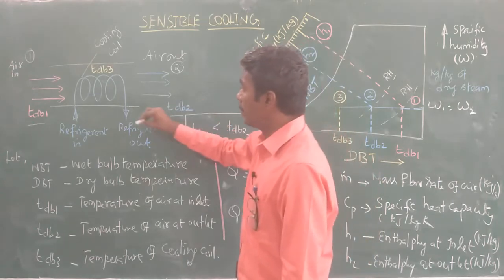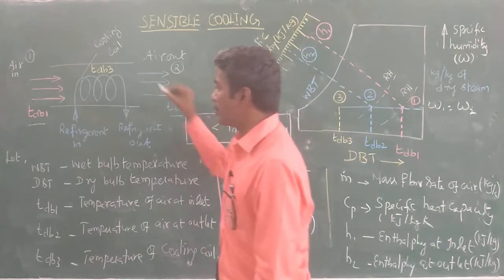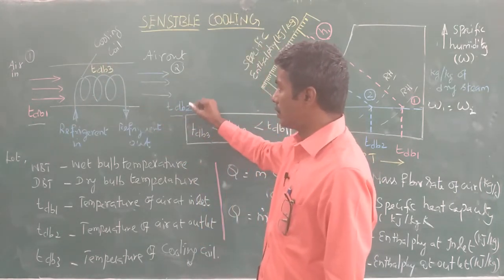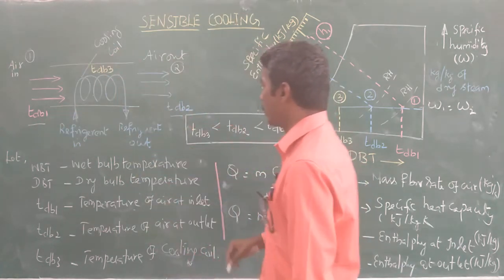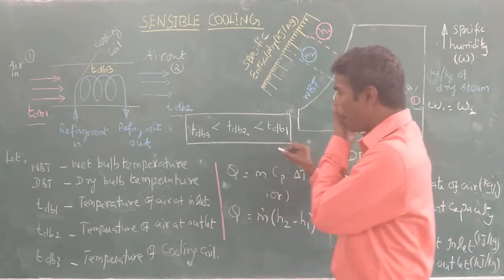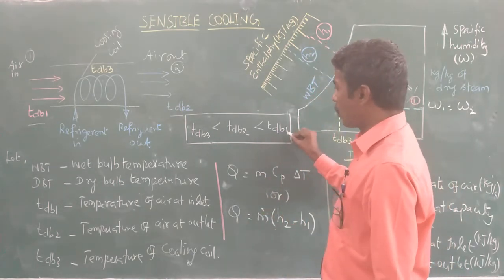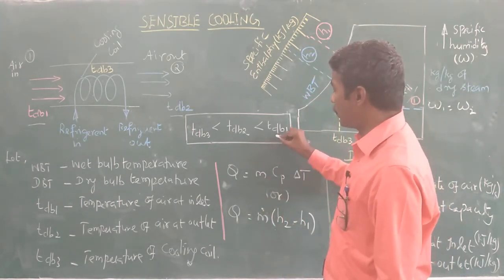So if you compare these three dry bulb temperatures, TdB2, TdB1 and TdB3, we can get the relation like this. Dry bulb temperature at point 1, the air, is at a higher temperature at entry.